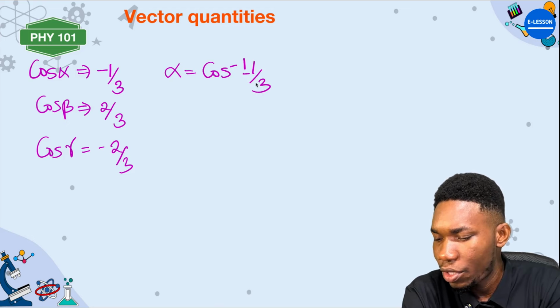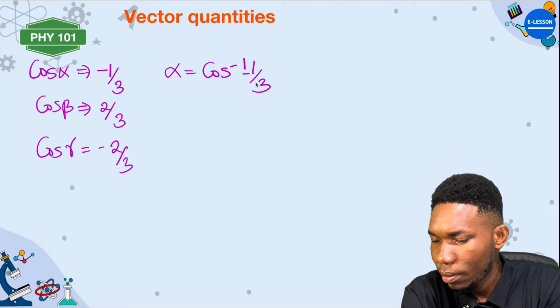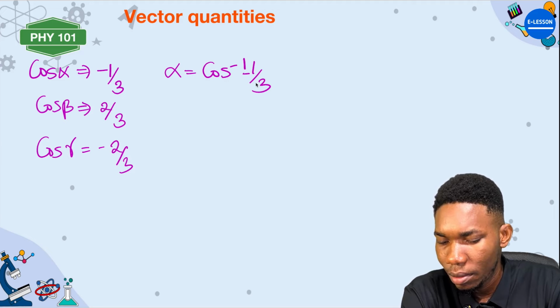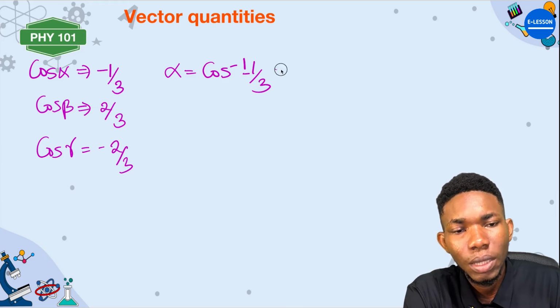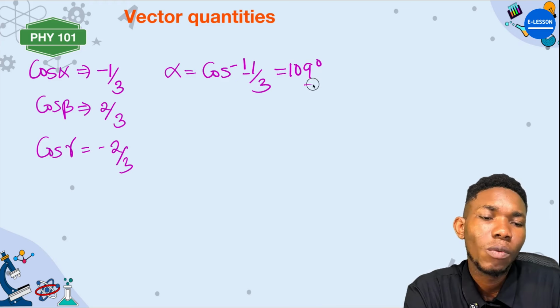So you have shift cos minus 1 divided by 3, bracket close, which gives us approximately 109.5 degrees.